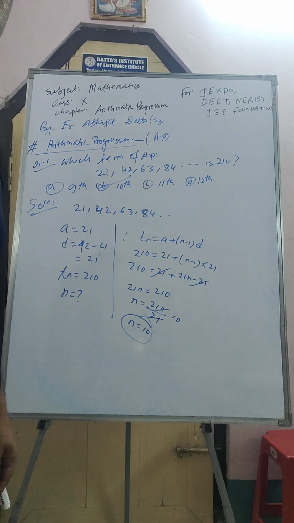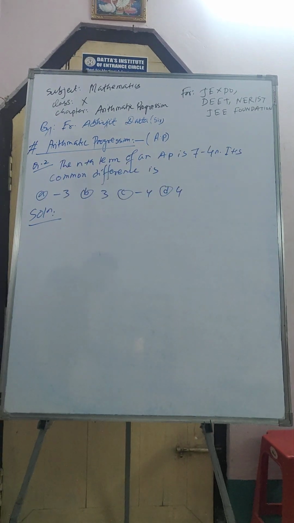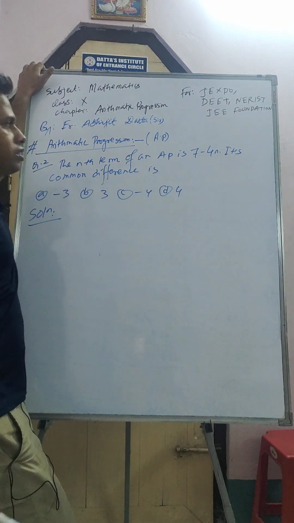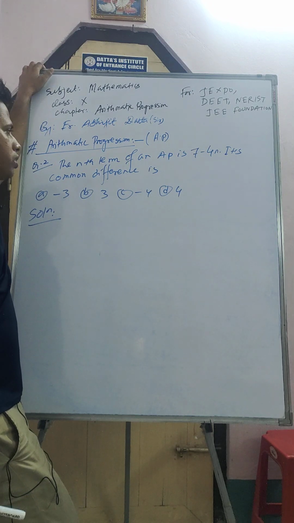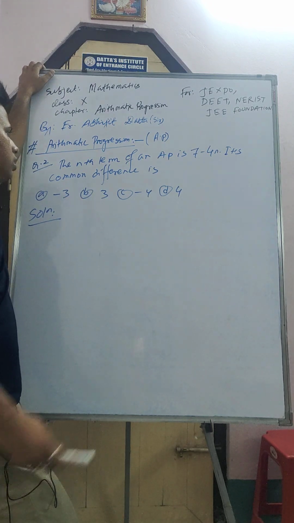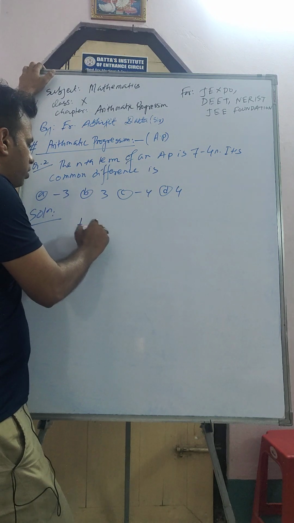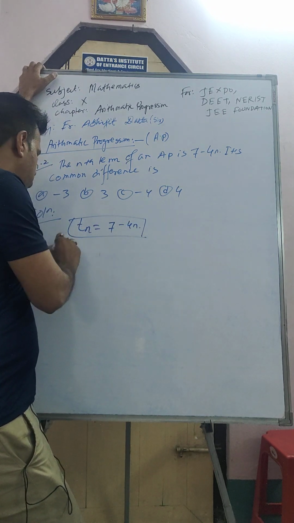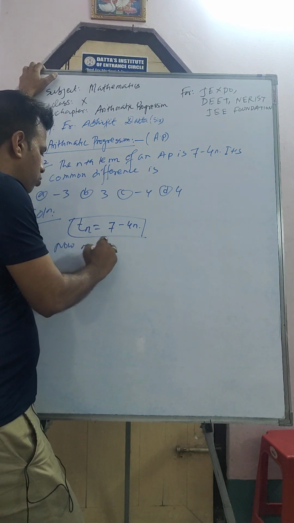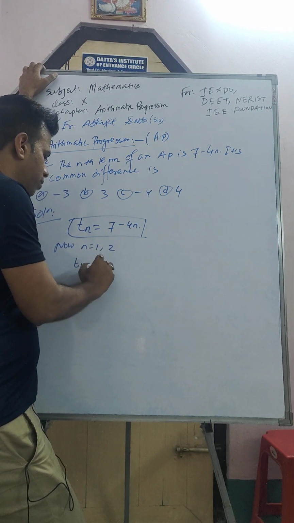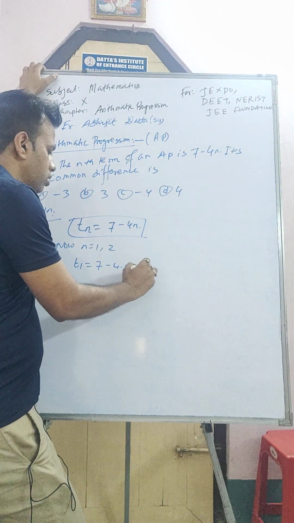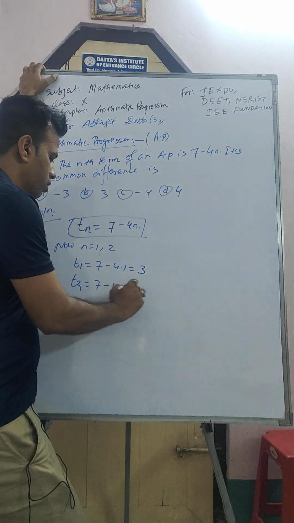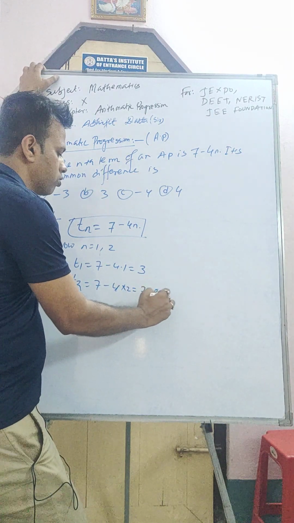So we will move on to the next question, question number 2. The nth term of an AP is 7 minus 4n. We have to find its common difference. Here Tn equals 7 minus 4n is given. Now put n equal to 1 and n equal to 2. T1 will be 7 minus 4 into 1, that is 3, and T2 will be 7 minus 4 into 2, that is 7 minus 8, which is minus 1.